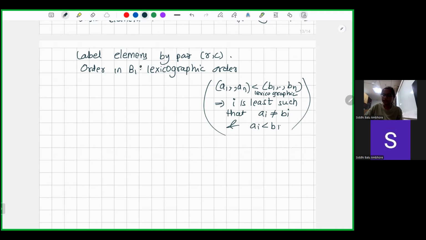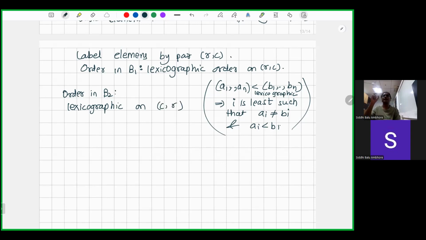So yeah, this is lexicographic order on RC, and the order in B2 is lexicographic on CR, right?